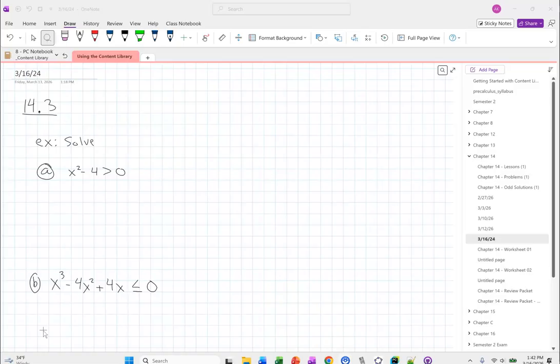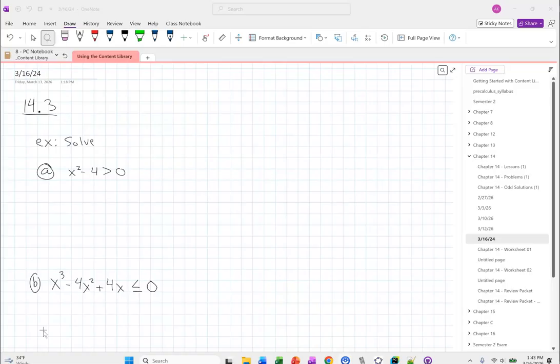Infinitely many, right? So rather than expressing our answer as x equals 2 or x equals 5, we're going to express our answers as an interval to describe the intervals that satisfy the inequality, rather than just single values. Everybody okay with that plan?